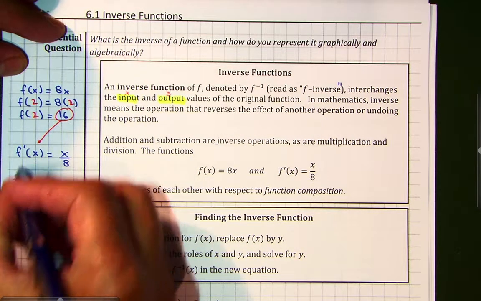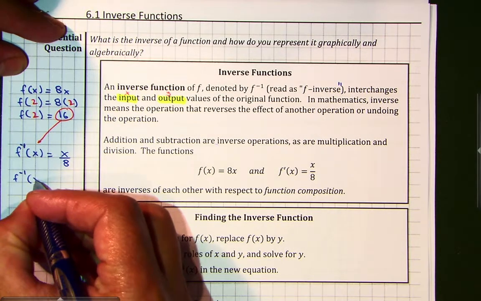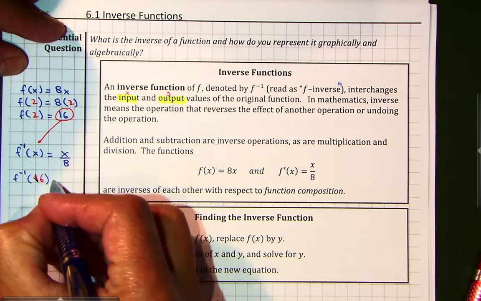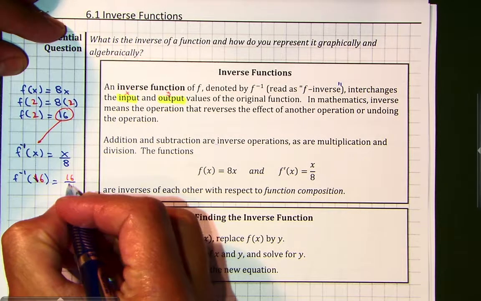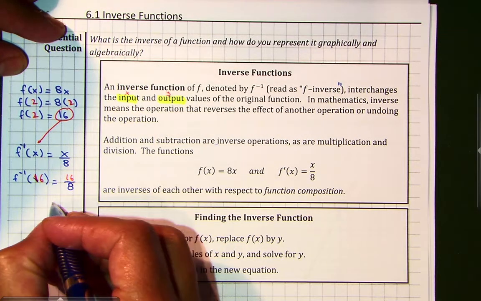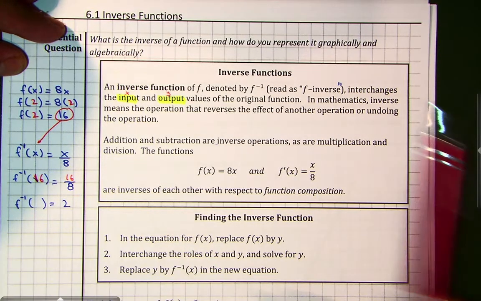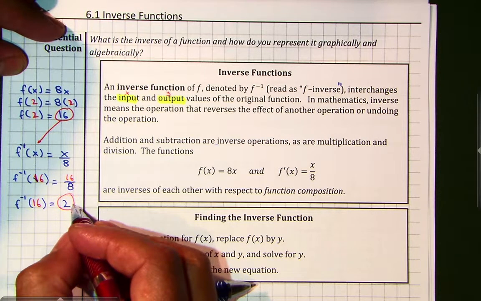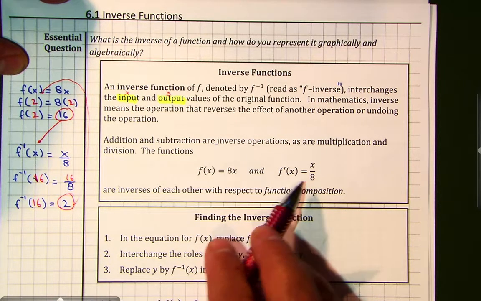So f inverse of 16 equals 16 over 8, which is 2. Isn't that impressive? So it undid each other, and that's what we did. So inverses will undo each other.